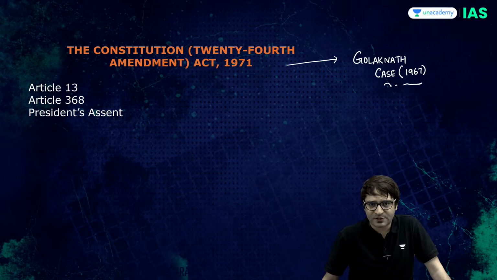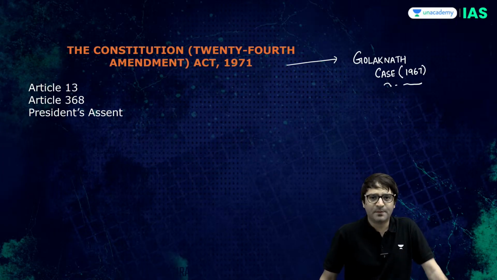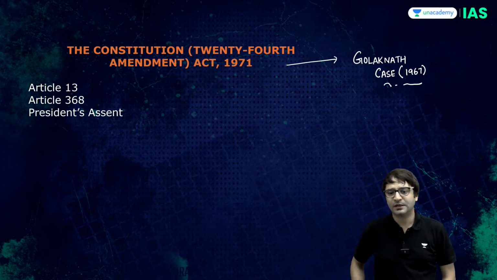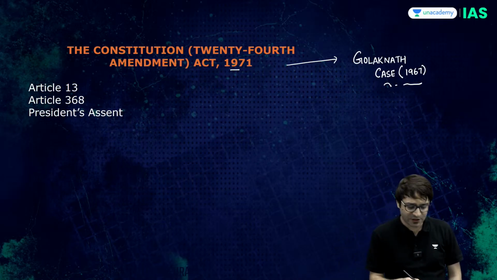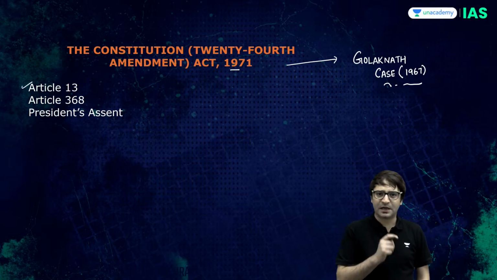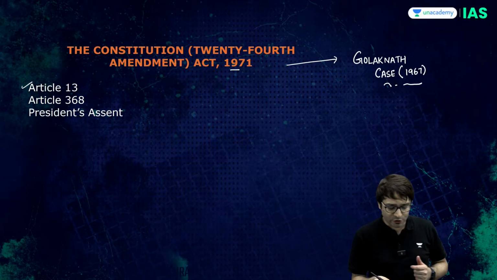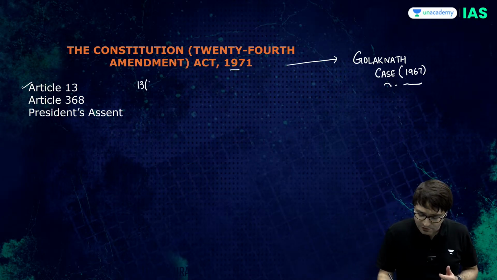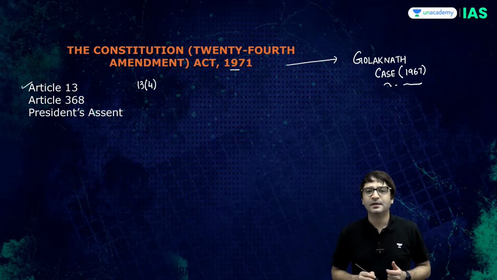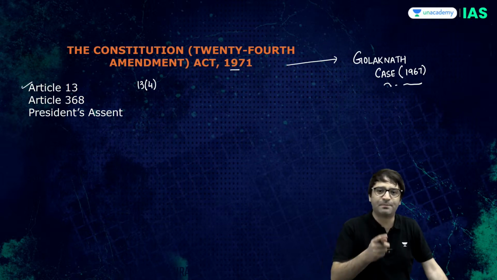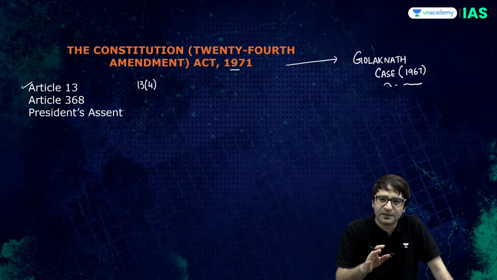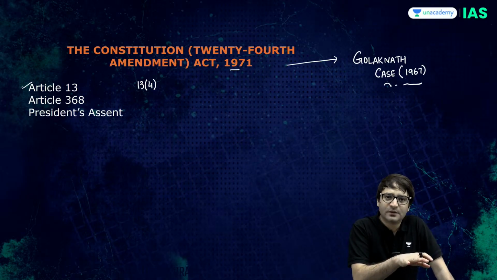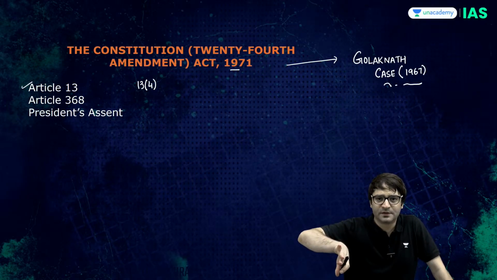Srimati Indira Gandhi was the Prime Minister, not somebody who could take the defeat lying down. Got the Parliament together, amended the Constitution, 24th Constitutional Amendment Act 1971. And the first thing that the Parliament did was amend Article 13, where Article 13, Clause 4 was inserted, which said nothing in this article shall apply to an amendment of the Constitution made under Article 368, which basically means law is different, Constitutional Amendment Act is different.